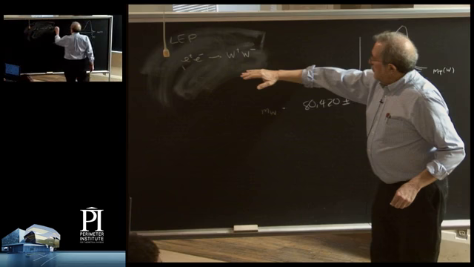The W will decay, as I said, both to l nu and to 2 quarks. So each W can decay either to 2 jets or l plus neutrino, so a lepton and missing momentum.